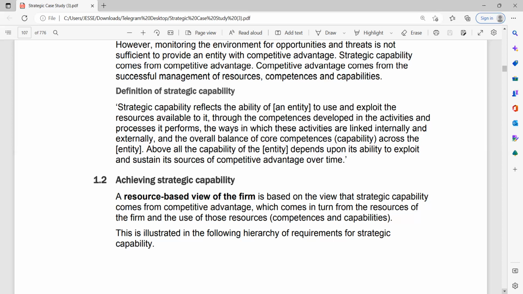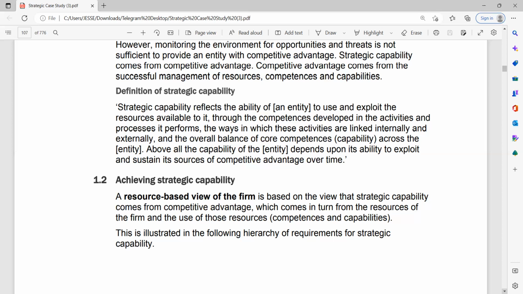So when you talk about strategic capability, you are talking about the firm being smart in terms of how they use and exploit resources, and using their competencies to develop these resources in such a way that it benefits the entire organization. Now, let's move on to achieving strategic capability. How is strategic capability achieved?